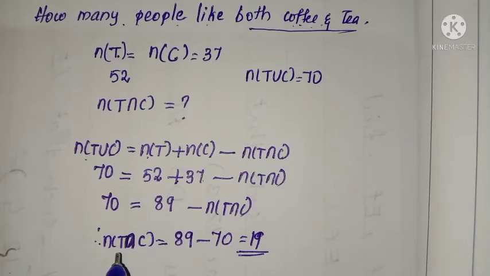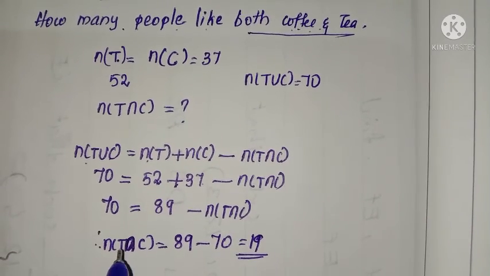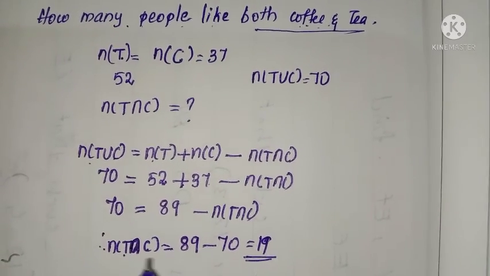So the number of people who like both tea and coffee is 19.